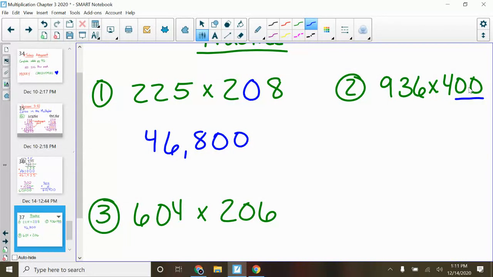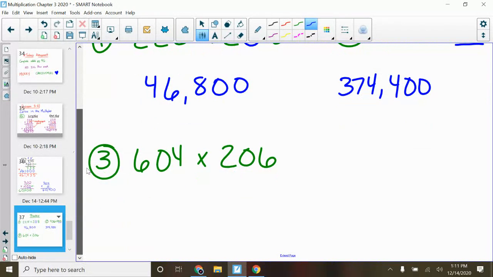But your final answer for this one was 374,400. And then for the final one, problem number 3, if you're curious, for 604 times 206, your answer should have been 124,424. Okay, so there's your answers to your practice problems.